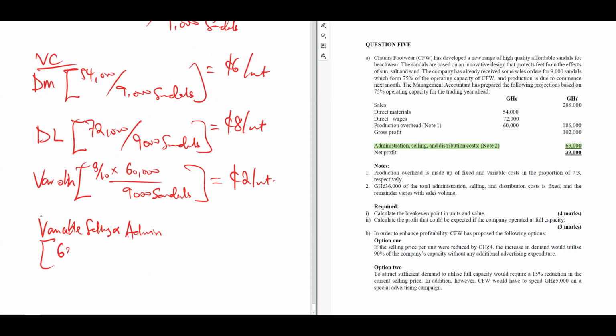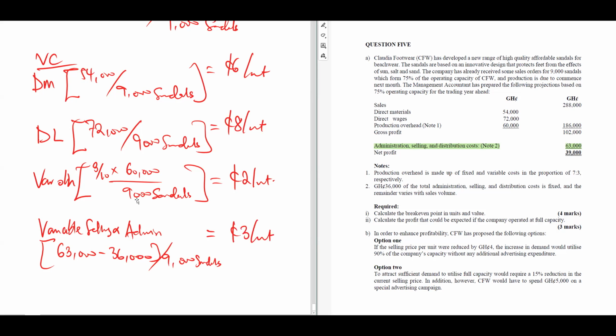The total was 63,000, but the question is saying that 36,000 of it is fixed, meaning how much is variable? Do you get where I'm coming from? Sir, it's clear. 27,000 divided by 9,000 sandals gives us 3 cedis per unit, right?